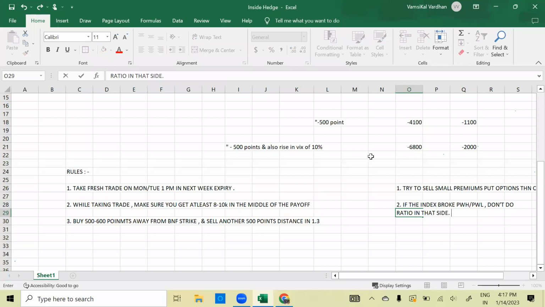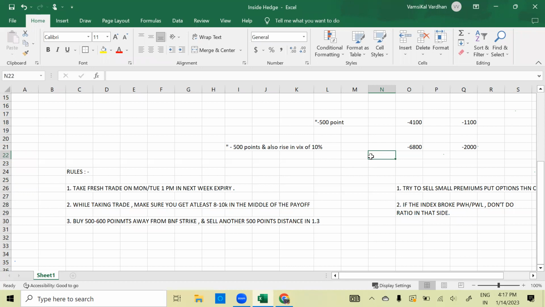So for example, if we broke previous week high, then don't do call ratio. I mean, just sell only put. Go for 500 points down, buy one lot, then go another 500 points down, buy two lot. I mean, buy three lot, so that you can be done.